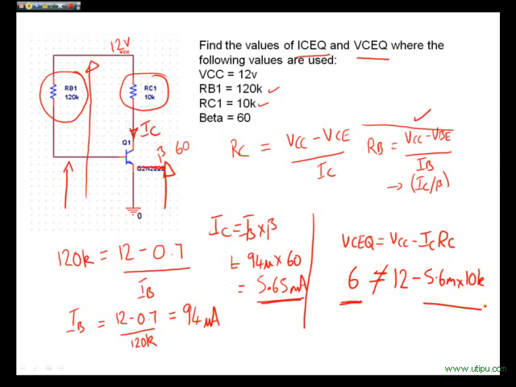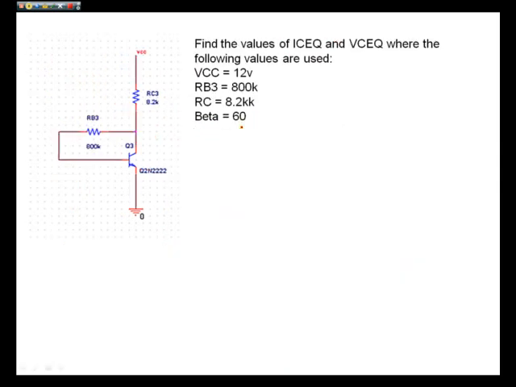So we end up with no way that circuit will balance to 12 volts. The circuit does not work. Therefore, this bias arrangement and these values are not suitable, certainly with a beta value of 60. So there's our first design complete.